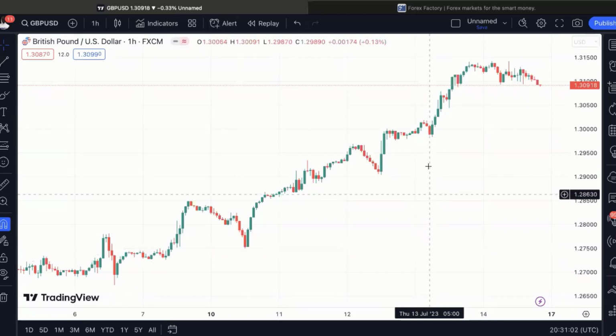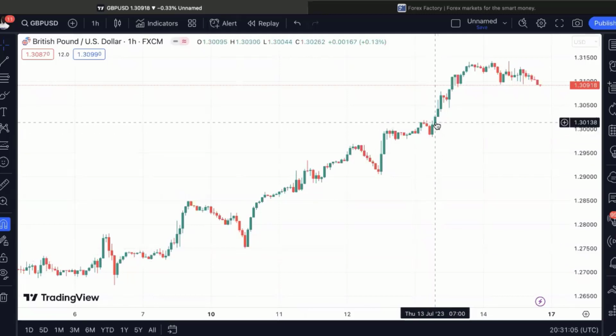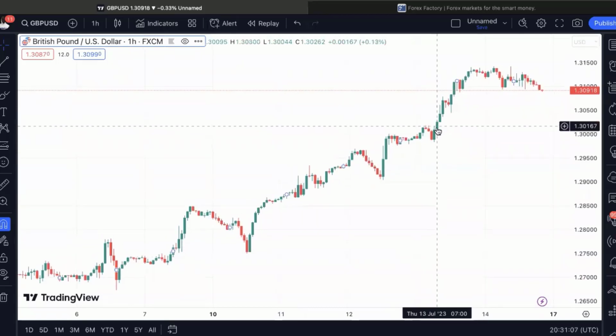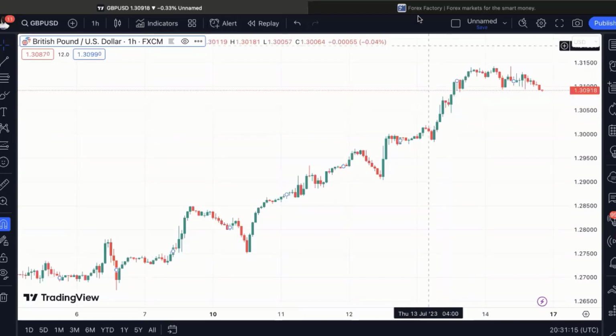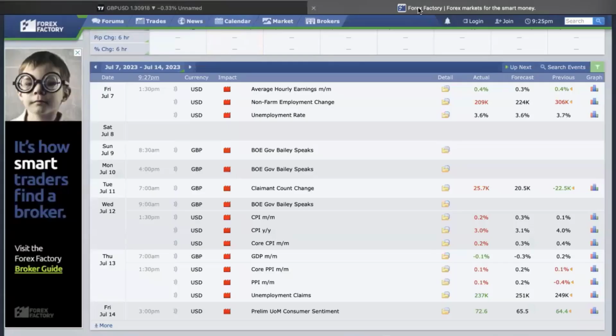This is the 13th, 7 a.m. And when the news came out, what happened? It was in favor of GBP. So you see that it says minus 0.1, which means it was lower than the forecast, but it was a positive expectation, not a negative one. So it had a positive impact on the market, and price moved up.